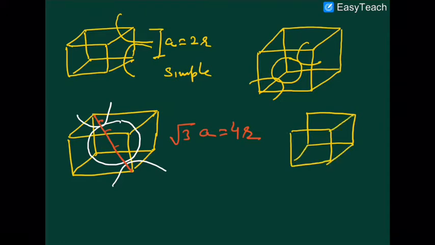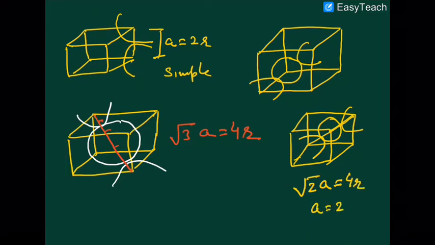It is much easier to understand in this way. There is one atom at the face, and these corner atoms are there. So this is the face diagram. Face diagonal is equal to 2a. 2a is equal to how much? 2a becomes equal to 4r. So a becomes equal to 2 root 2 r.